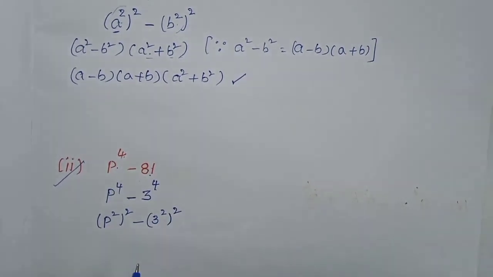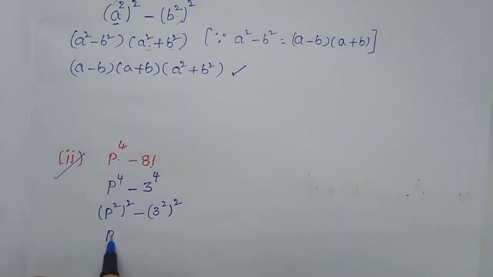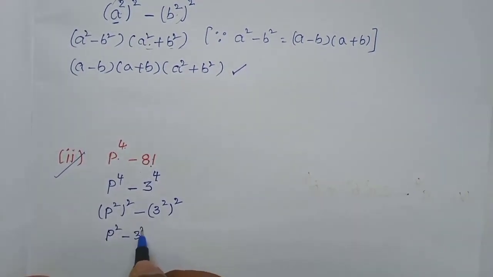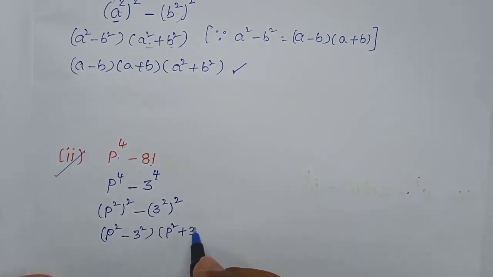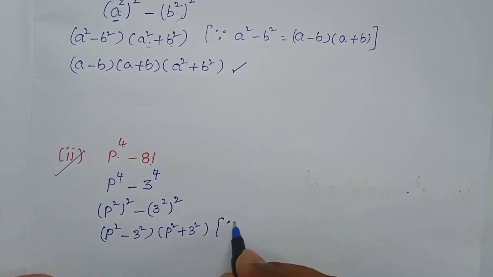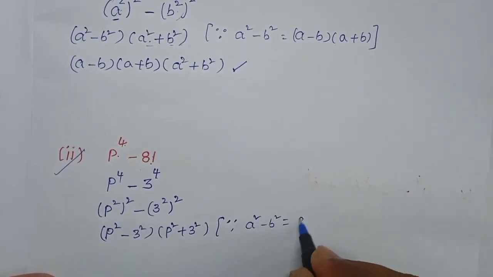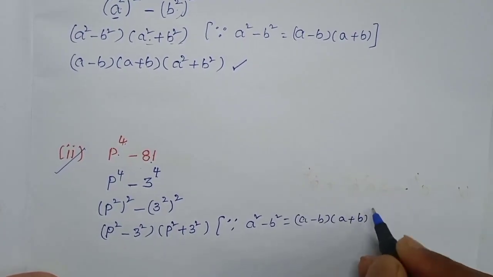Now see these two are in the form of a square minus b square. So this can be further written as p square minus 3 square into p square plus 3 square. Because of the identity, a square minus b square is equals to a minus b into a plus b.